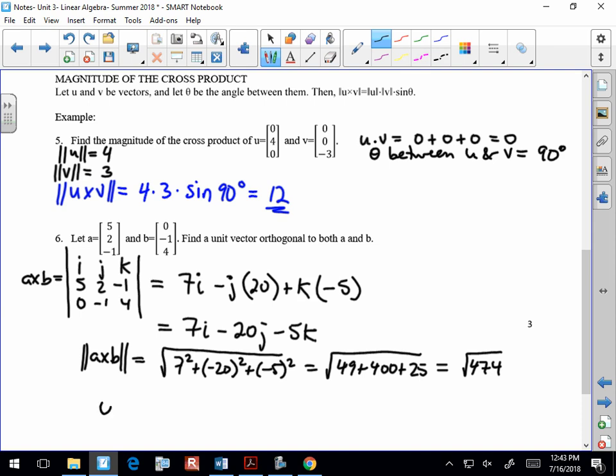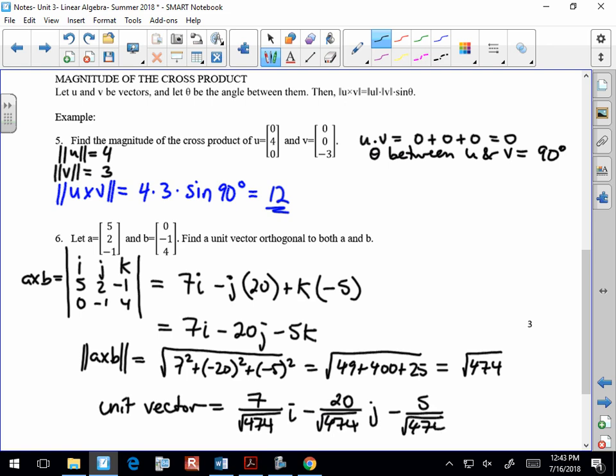So the unit vector would be 7 over root 474 i minus 20 over root 474 j minus 5 over root 474 k.